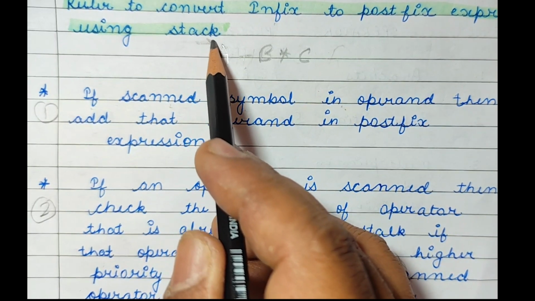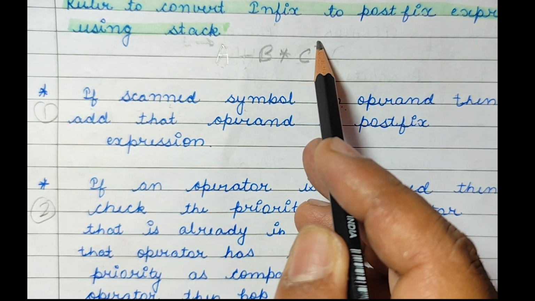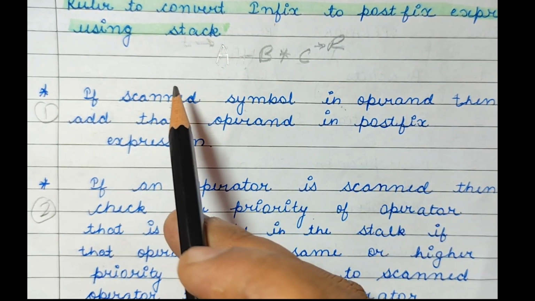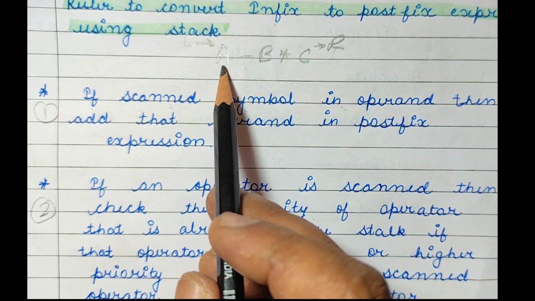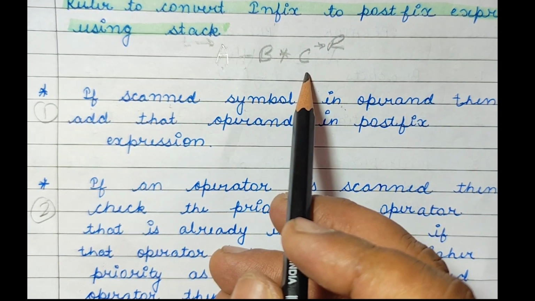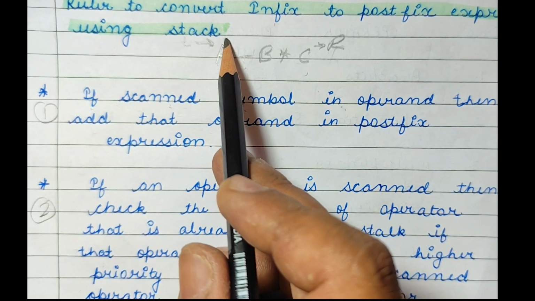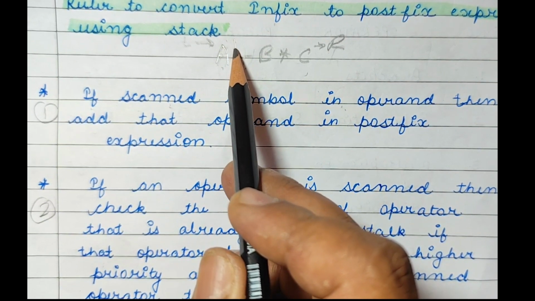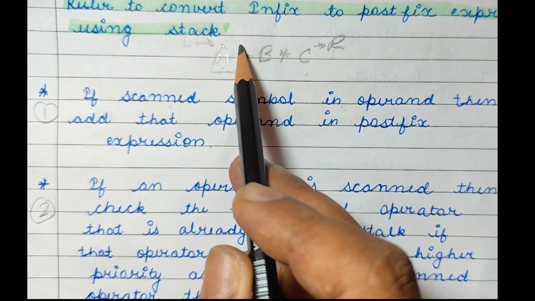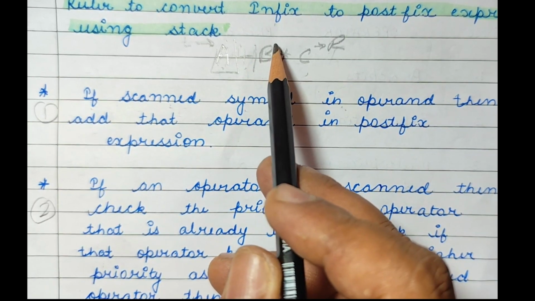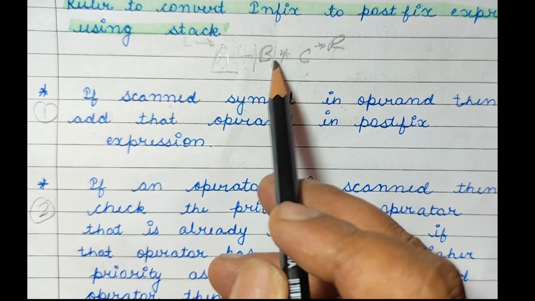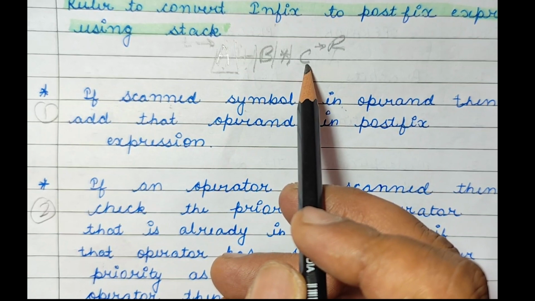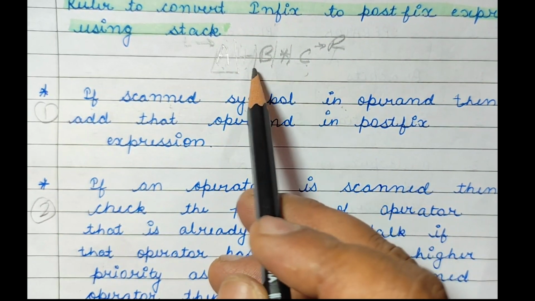We have to scan this expression from left to right. A, B, C are operands. First we scan this A operand, then we scan plus, then we scan B, then we scan star, then we scan C, one by one.